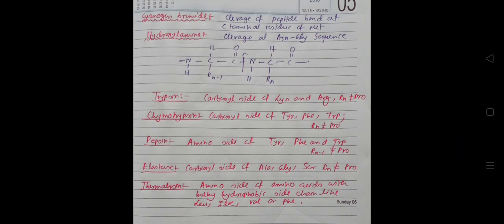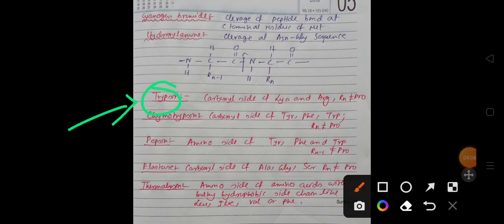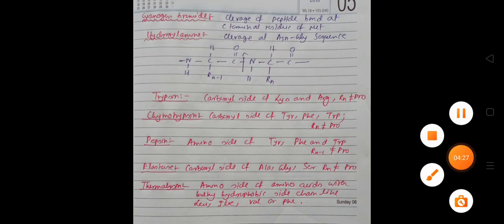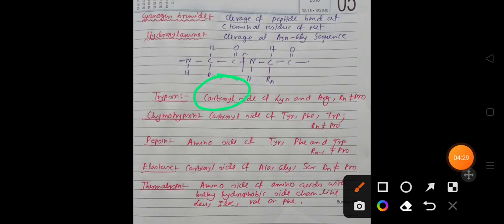For example, if we talk about the locations at which trypsin cleaves, we say that trypsin will cleave at the carboxyl side of lysine and arginine, provided that the side chain of the adjacent amino acid is not proline. Here you may find some difficulty remembering the carboxyl side. You can just remember that trypsin will cleave after lysine and arginine.